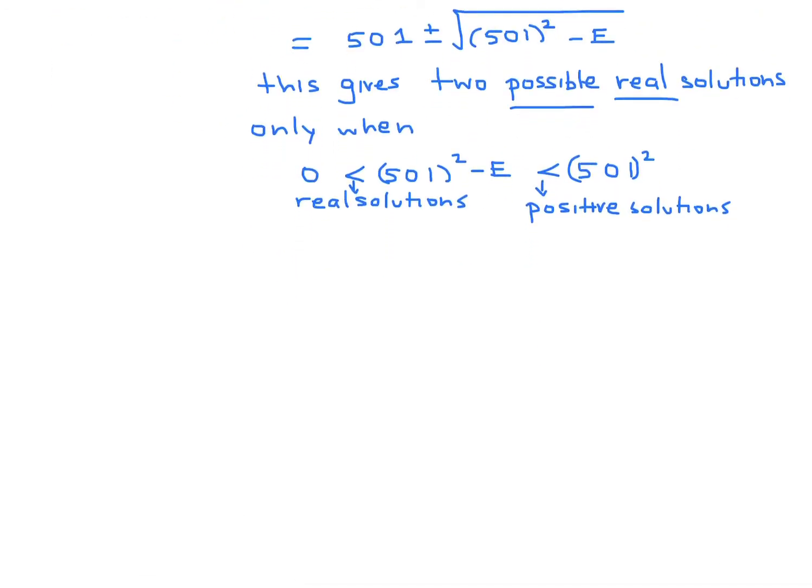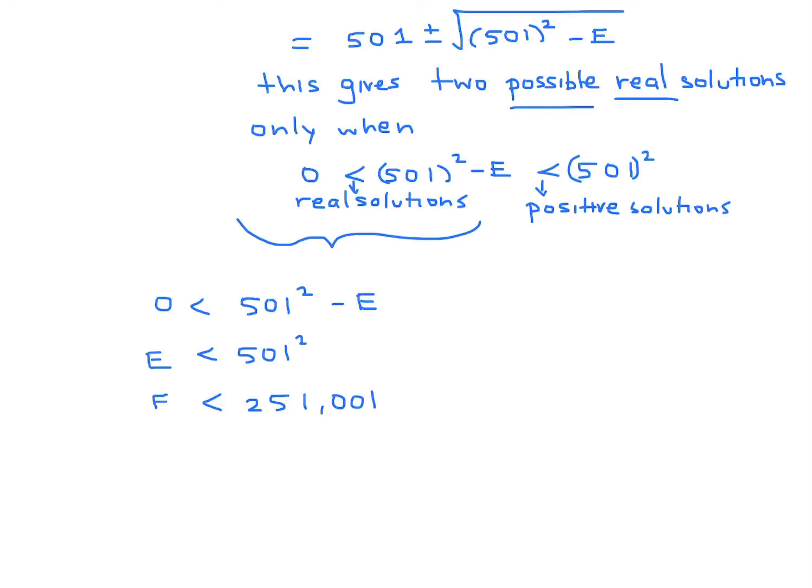So that basically means that for the first guy, let's just concentrate on the first guy. 0 is less than 501 squared minus e. So therefore, looks like e is less than 501 squared. 501 squared is 251,001. All right, so all the numbers that are below 251,001.